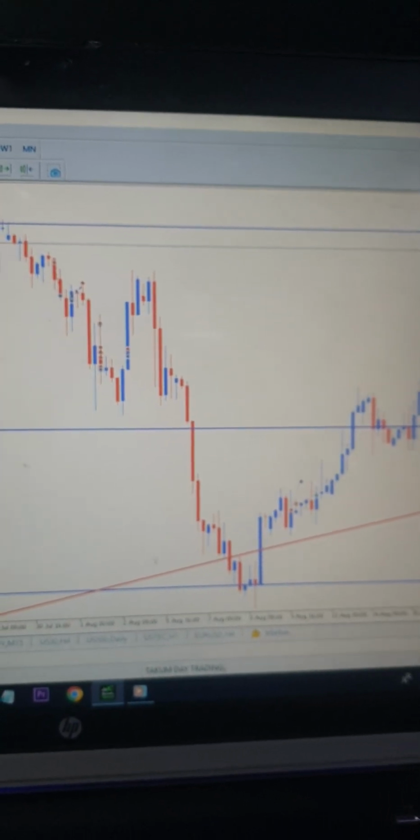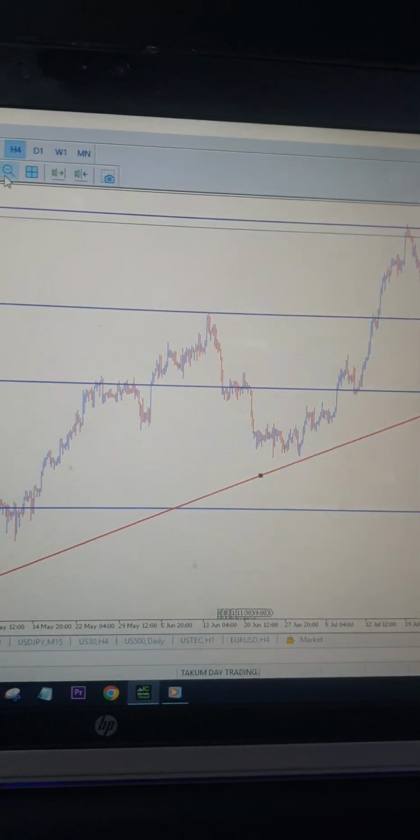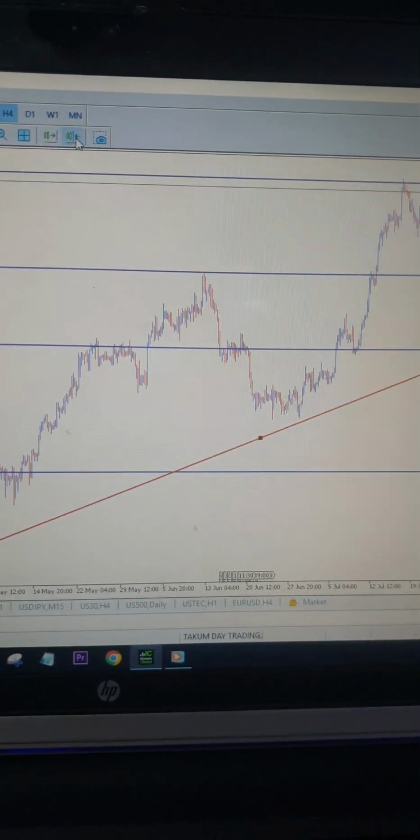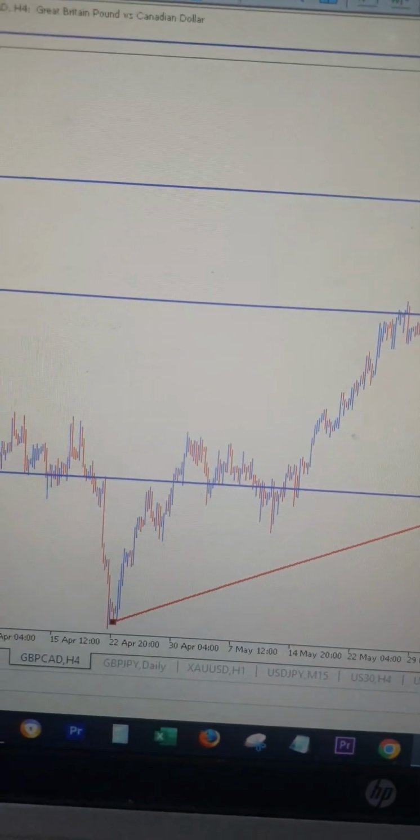So I'm going to go down a little bit now to H4. Normally I usually do this with the H4, but it's good to see your daily time frame to know the direction of the market. So with my H4, you see it's a typical uptrend. It has bounced here once.